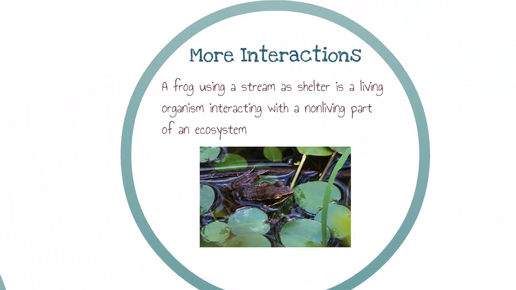Another type of interaction is when living things use a non-living part of an ecosystem. A frog could use a stream as a place for shelter, or it could also use it as transportation. It could get in the stream and float down to go to a different place. That's an interaction between a living and a non-living thing, and that happens all the time.